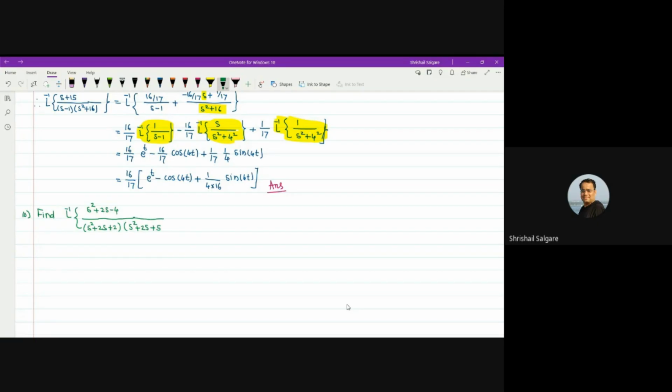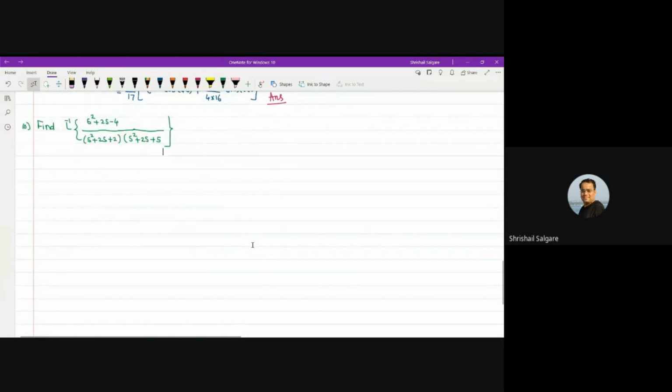Degree of numerator is 2, degree of denominator is 4. Ultimately, you have to apply partial fraction. I will write the given term first.